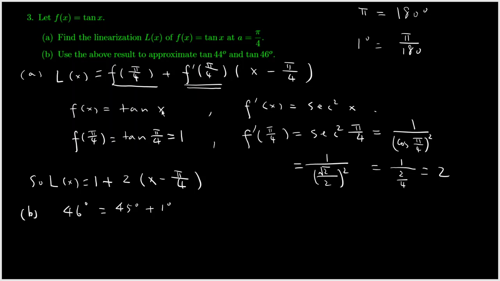Now we're going to convert that to radians. 1 degree is equal to pi over 180 radians. You just multiply by pi over 180, and it's converted to radians, right?